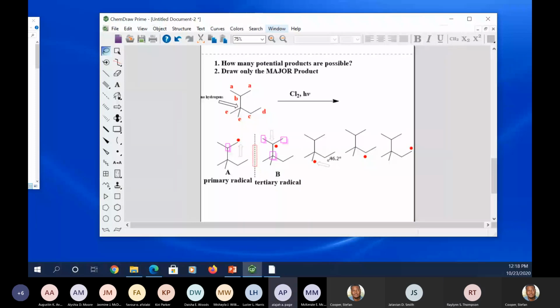And how many carbons are attached to it? 3. One more time, take a real close look. If I look at that carbon and say who's attached to it, only that carbon right there, right? So it makes it only 1, and this has to be what type of radical? Primary. Yeah, primary radical E.